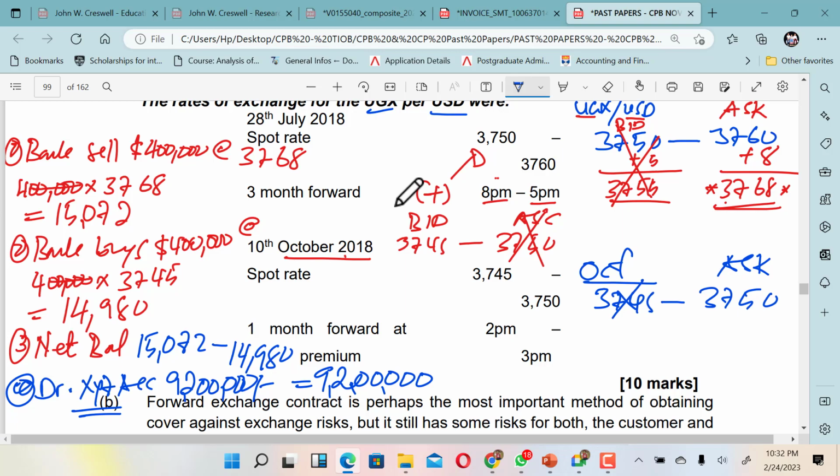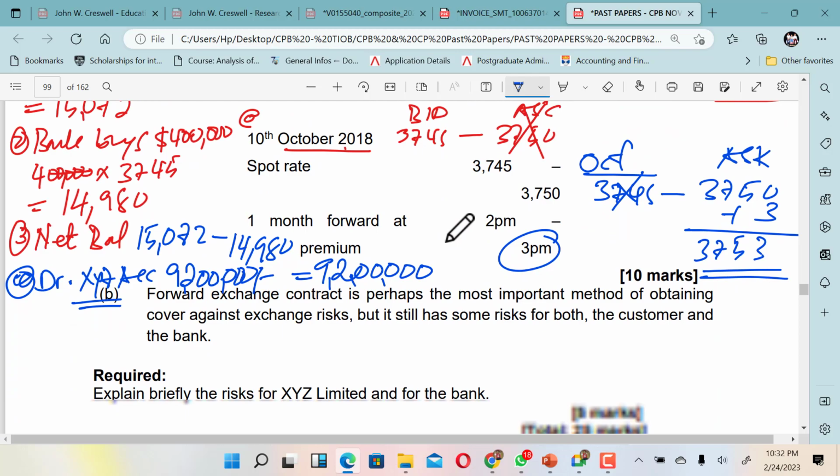Now, since this is direct quotation, again our interest here is going to be the highest premium, which is 3. Okay. So the rate to be used in November is going to be 37.53.